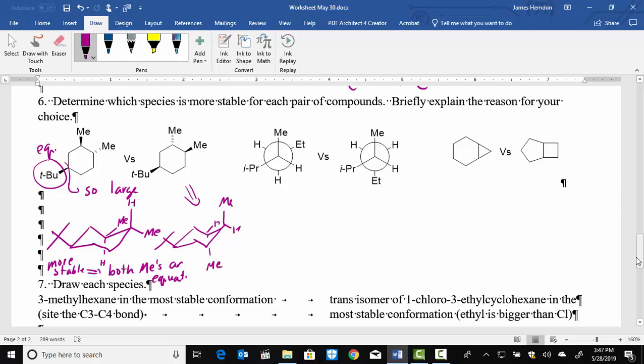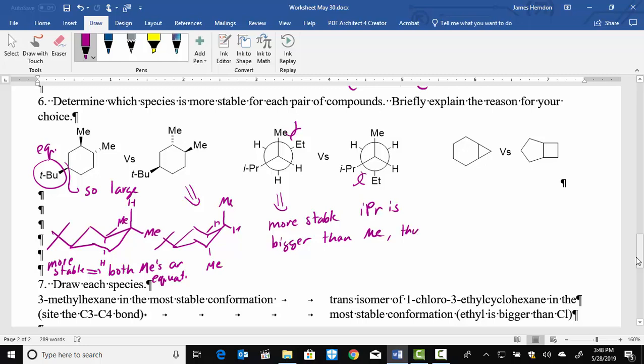Here, in this next one, what we want to do is identify the Gauche interactions. There's one there between methyl and ethyl, and here's one between ethyl and isopropyl. We're going to choose this one here as being more stable because isopropyl is bigger than methyl.